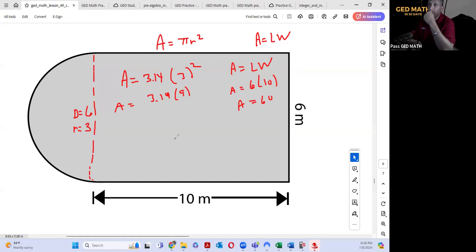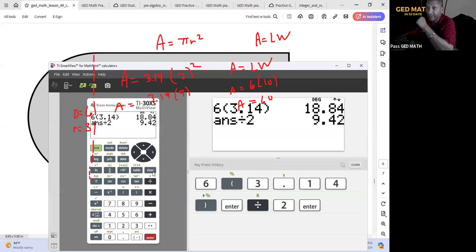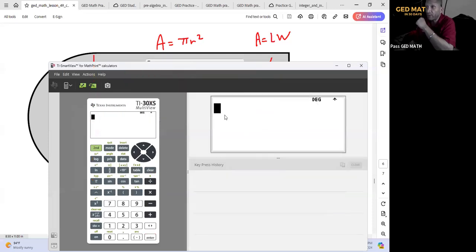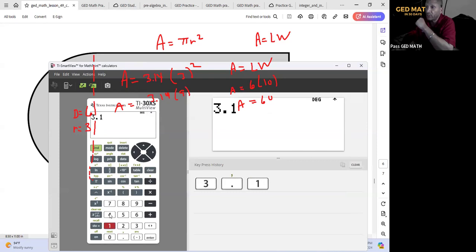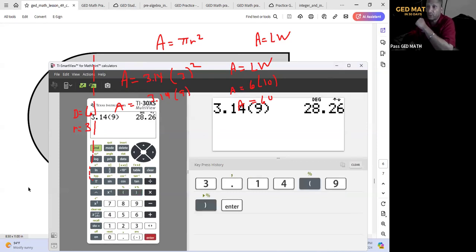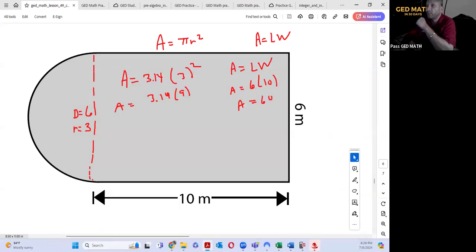So we're going to take our calculator and multiply 3.14 times 9. Again, you don't have to do this by hand. Use your calculator. The calculator is your friend. 28.26. That's if we had a full circle.